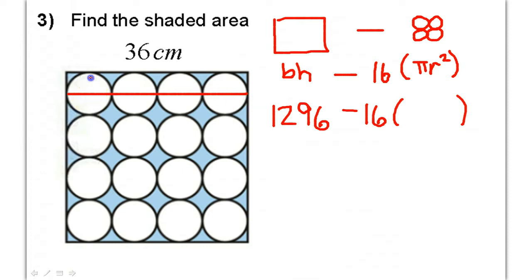That means each one of these diameters is length 9. 9, 9, 9, 9. Okay, but for this formula I need the radius. So if the diameter is 9, that means the radius must be 4.5.